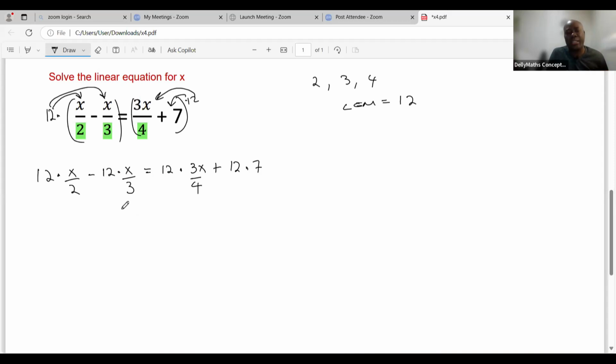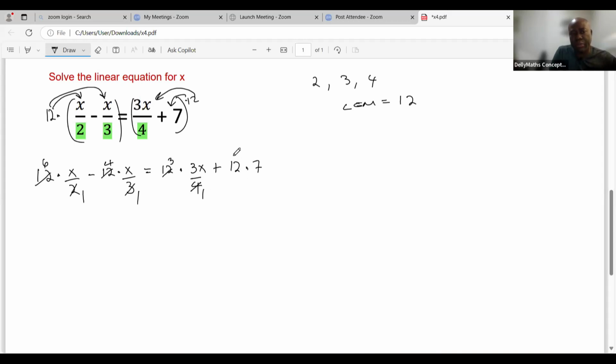Now, we multiply both sides by 12, so we could cancel where possible. For example, 2 into itself is 1, and 2 into 12 is 6. 3 into itself is 1, and 3 into 12 is 4. 4 into itself is 1, and 4 into 12 is 3.